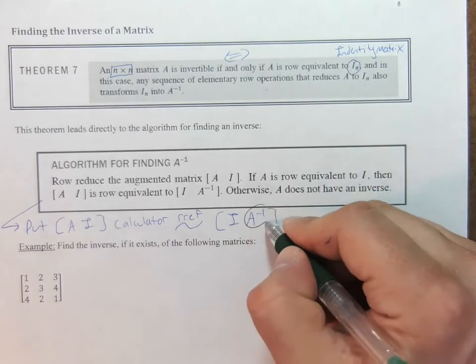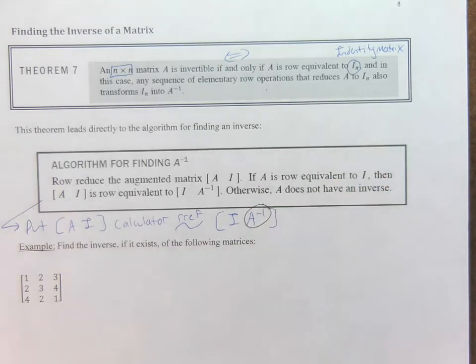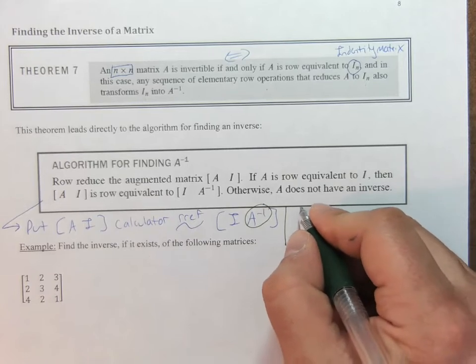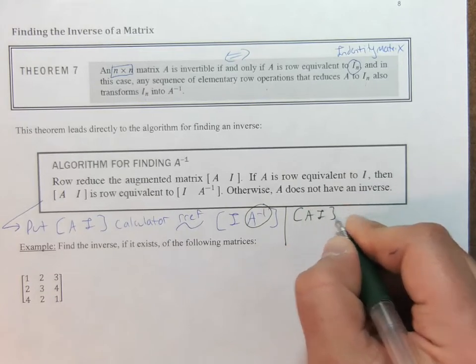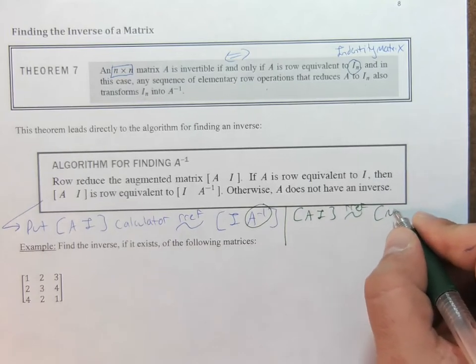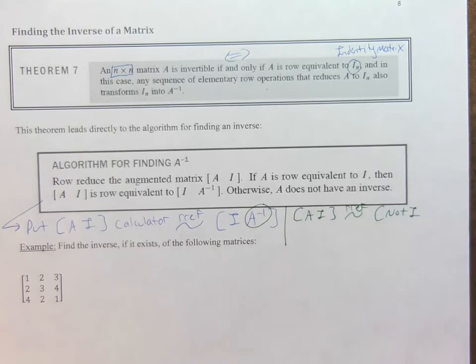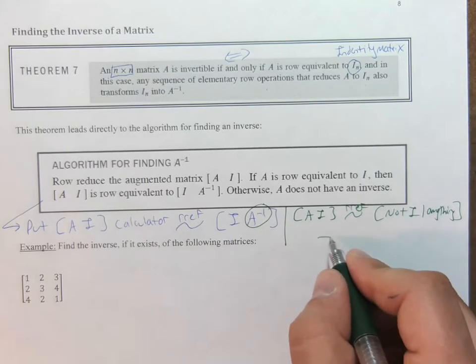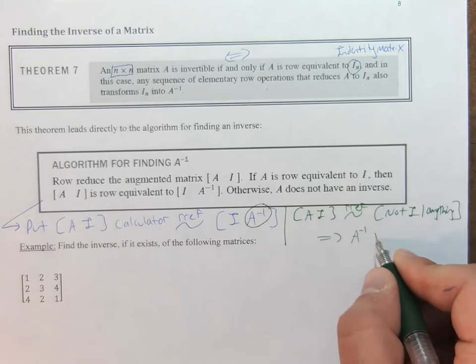If you put A and I into a matrix and then you do RREF, and you get anything other than the identity matrix in the first spot, then that means the inverse doesn't exist.